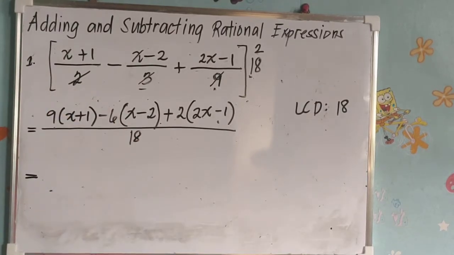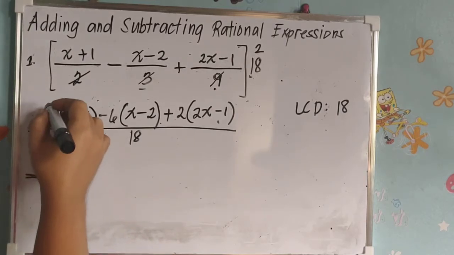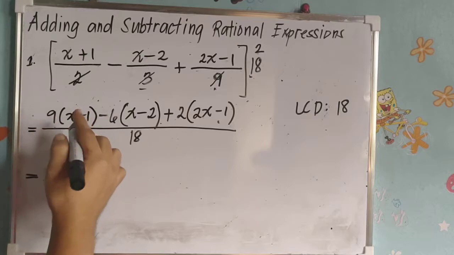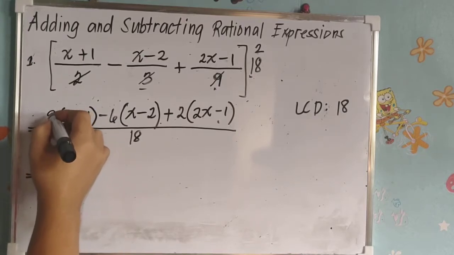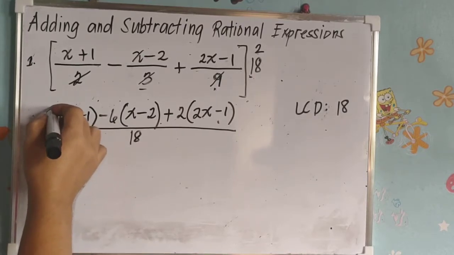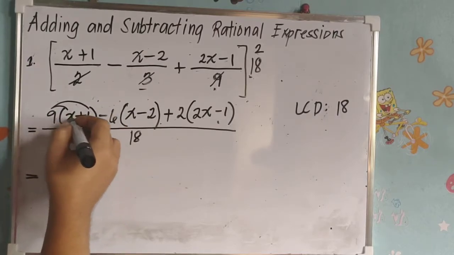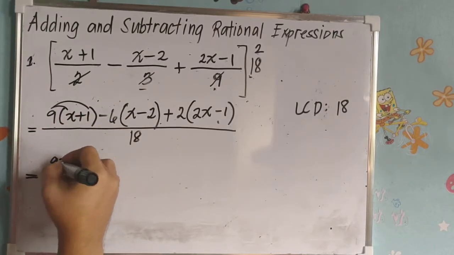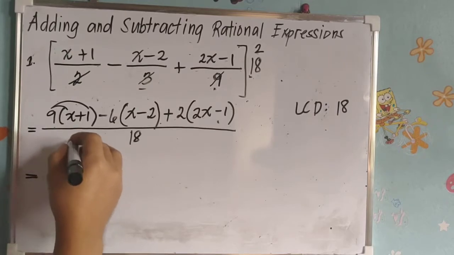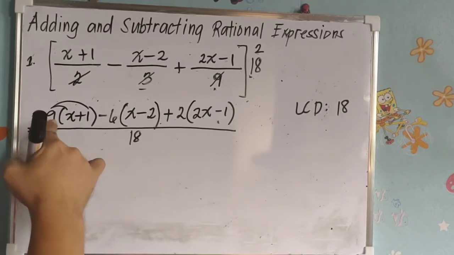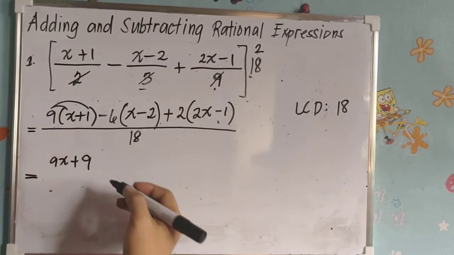And let's simplify this further. The numerator: distribute 9 inside the quantity. 9 times x is 9x, and plus 9 times 1 is 9.